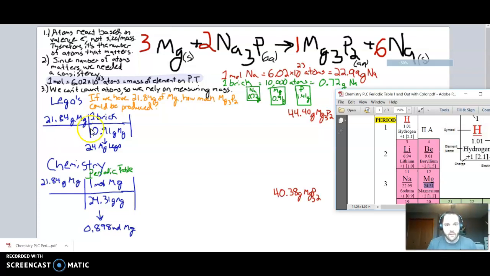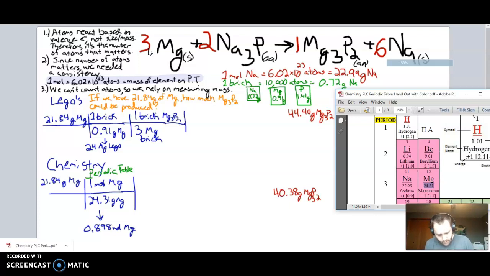So it's basically asking how many magnesium can I trade, and for how many magnesium phosphide will he give me? Well, in this case, if we look at our ratio, I have to give Danny 3 magnesiums, and maybe I'll write bricks of Legos or whatever, for every 1 brick of magnesium phosphide that he would give me.